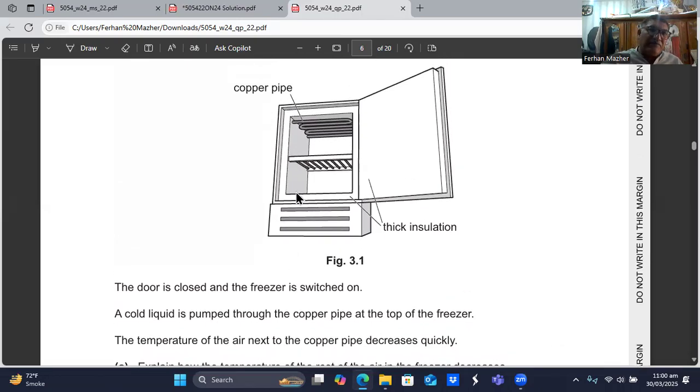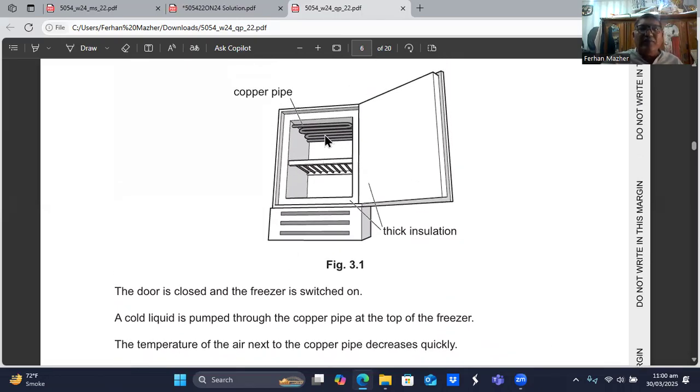So the air which is near the copper pipes, inside those copper pipes we have a very cold liquid. So the air on the top here, its heat will be absorbed by those copper pipes, and that air will become cold. When the temperature of that air drops, its particles will come close to each other. That air will become dense.